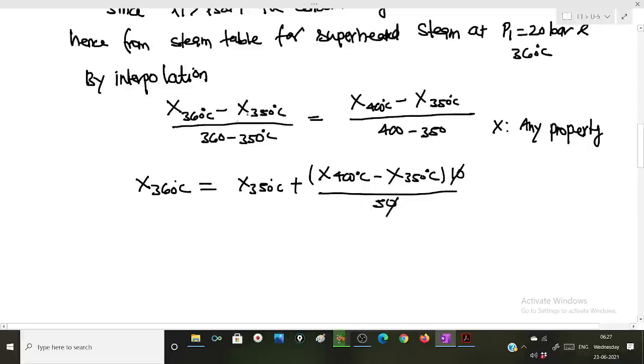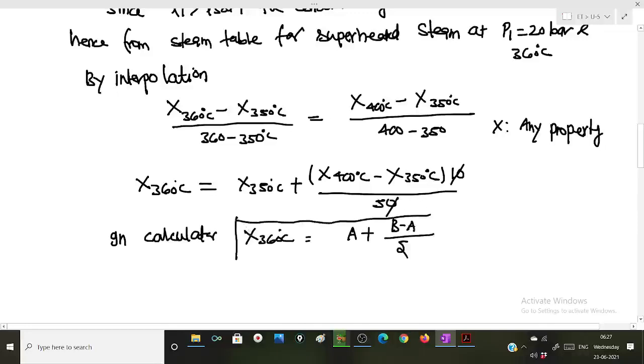So finally I get x at 350 plus x at 400 minus x at 350, divided by 5. Now in the calculator I can feed this formula in this way: A plus B minus A divided by 5. So this will help me calculate all these properties at a temperature of 360 degrees Celsius very fast.